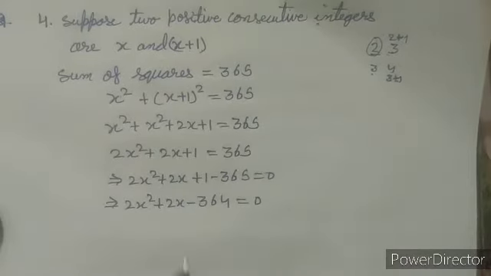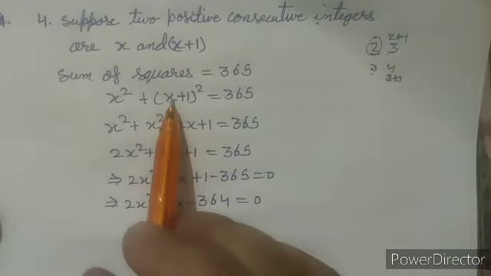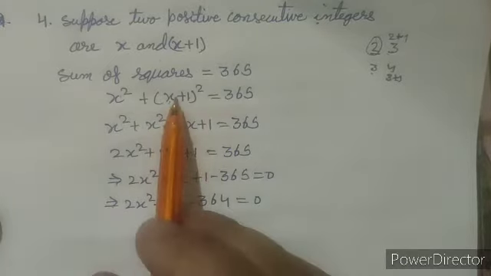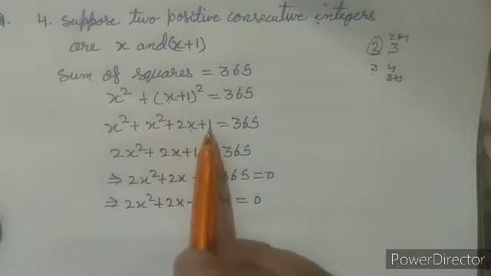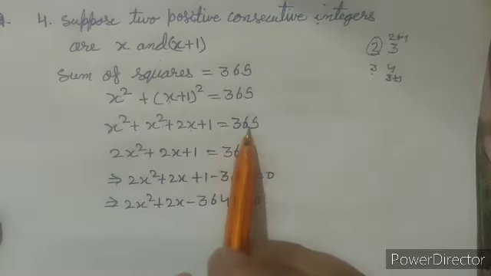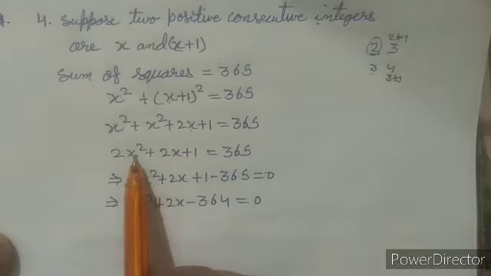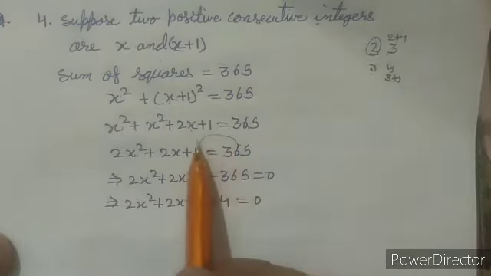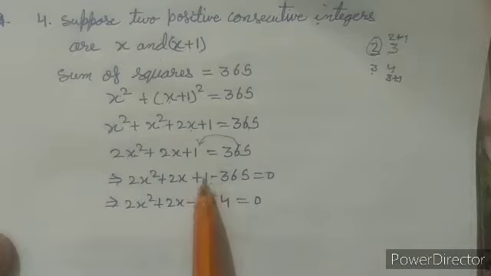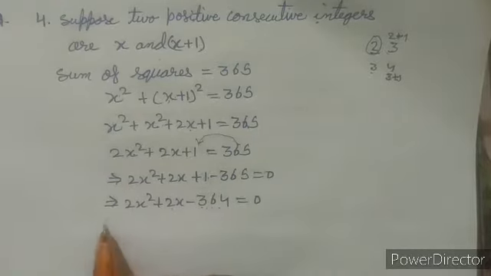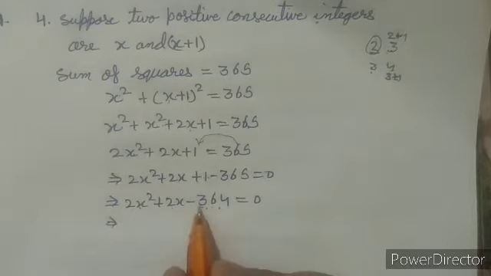Now here we will apply the formula of a plus b whole square, and that will be x square plus 2 into x into 1, that gives 2x, plus 1, and that is equal to 365. Now x square plus x square will be 2x square. Now we will take 365 to the left hand side, and 1 minus 365 gives us minus 364.